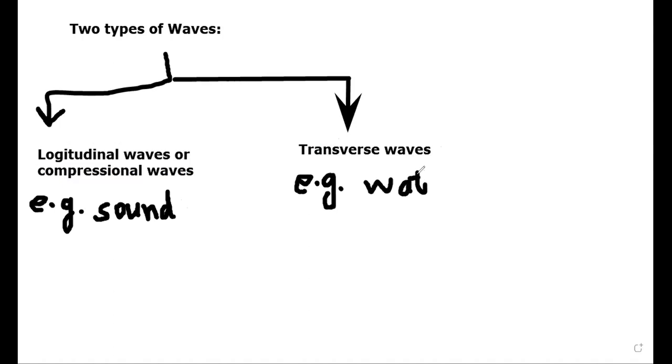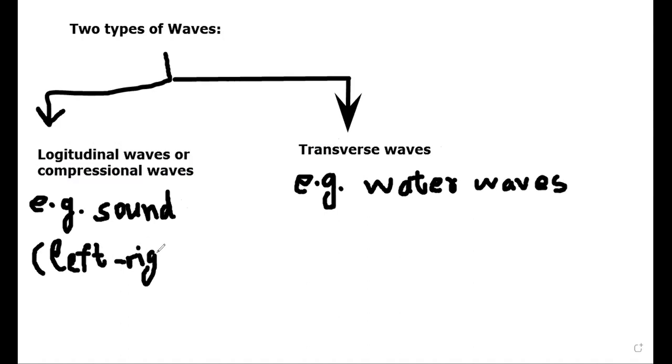Those waves that move up and down, okay, water waves. Sound waves move left and right, meaning compression and rarefaction, left and right. While water waves, the transverse waves, move up and down.